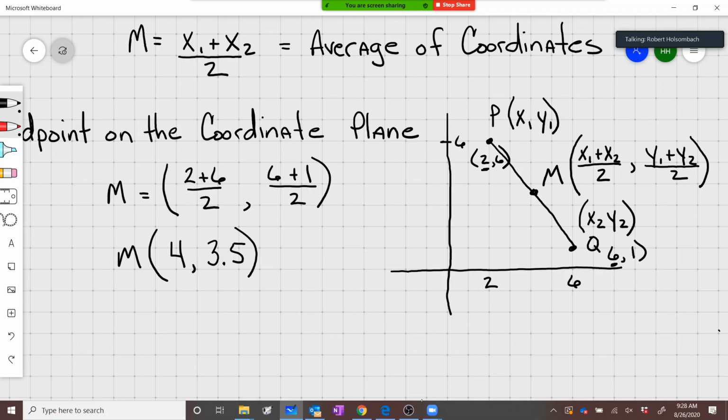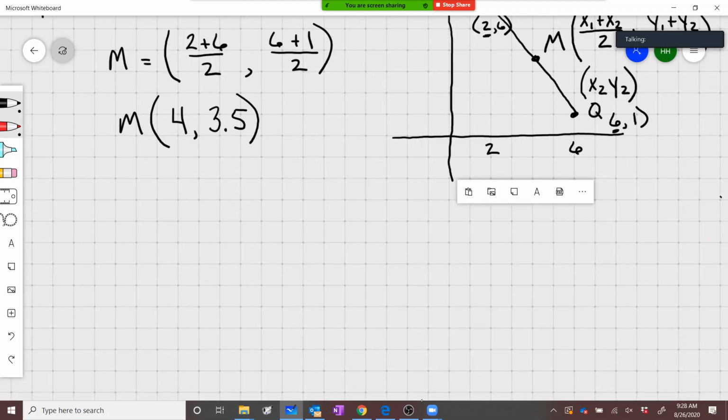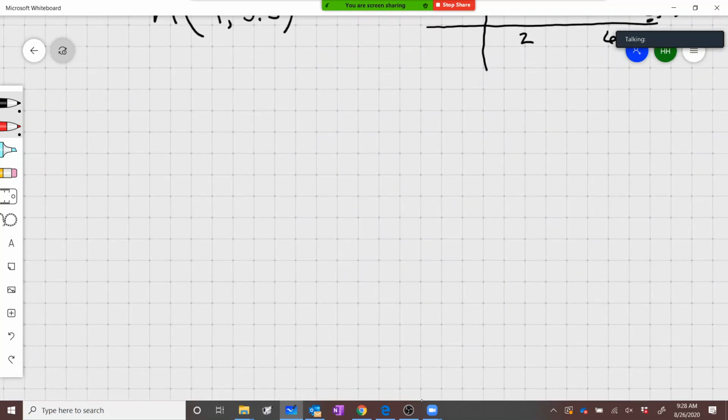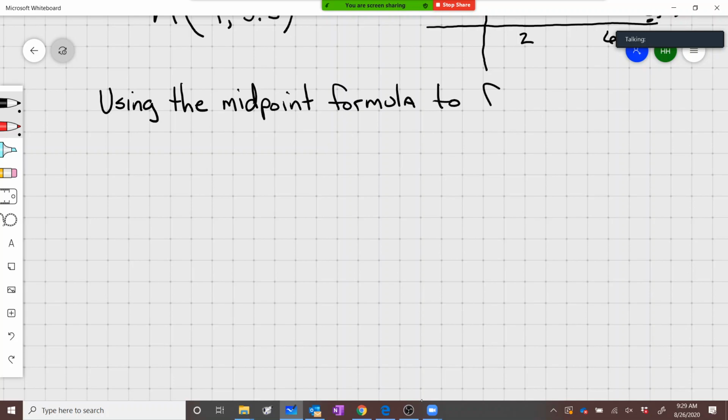Alright, the next thing we need to talk about is using this midpoint formula to find endpoints.